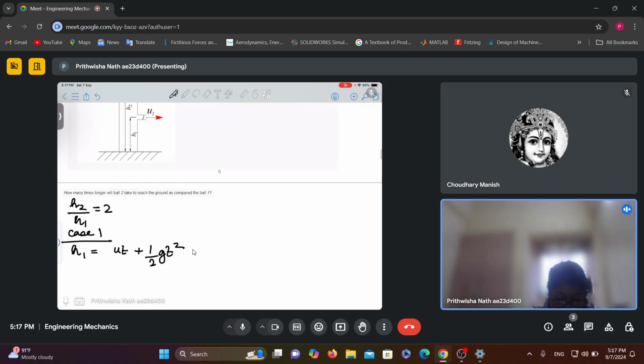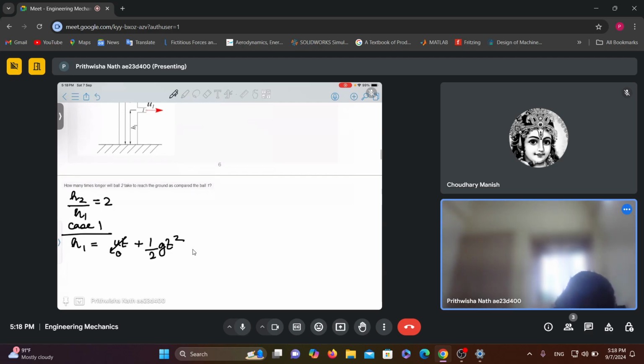So in the y direction, the velocity is 0, right? So this will be 0. h1 equals half gt square, therefore t1 equals under root of 2h1 divided by g.